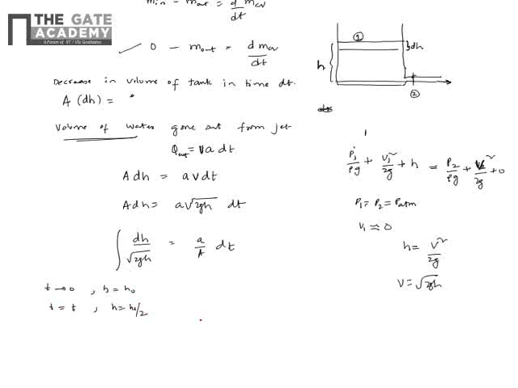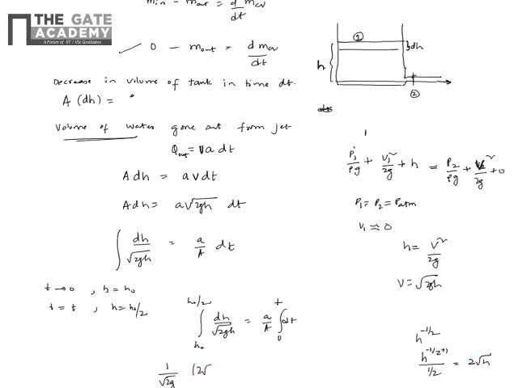So the integral of dh by root h, with the 1 by root 2g outside, is h to the power minus half, and on integration it is half by half, so that is 2 root h.